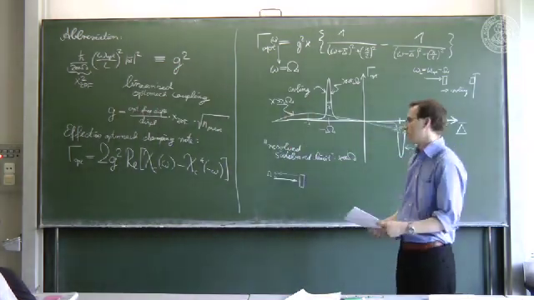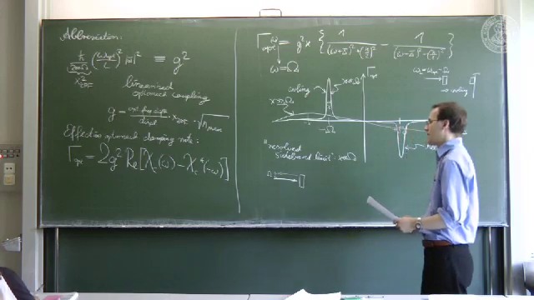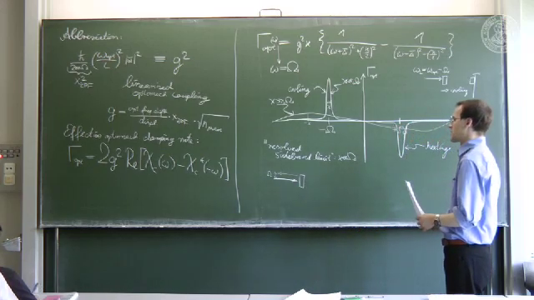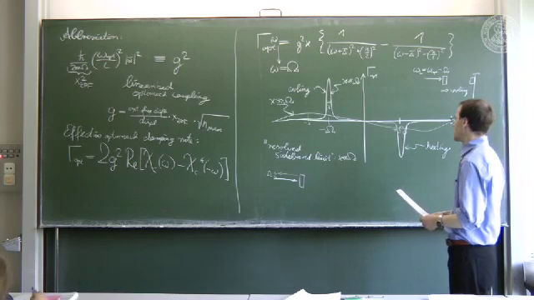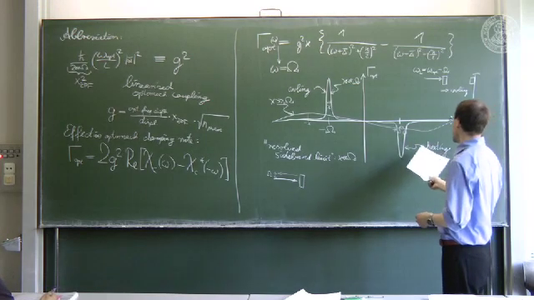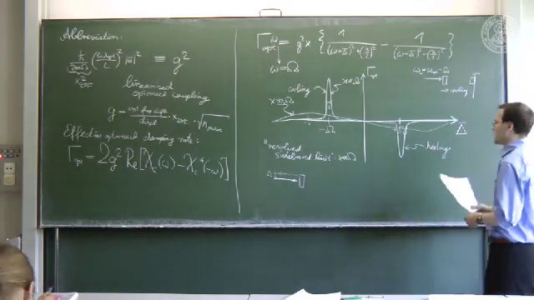So there you have a situation where the coupling of a mechanical system to some environment, in this case a non-equilibrium environment, can give rise to both cooling and heating, depending on the details, depending on the detuning.